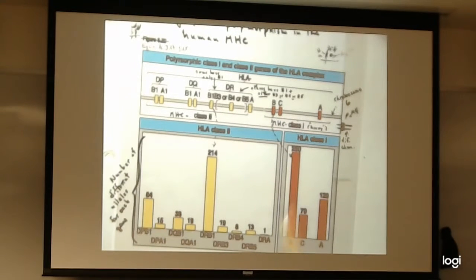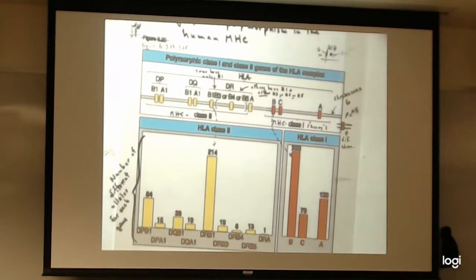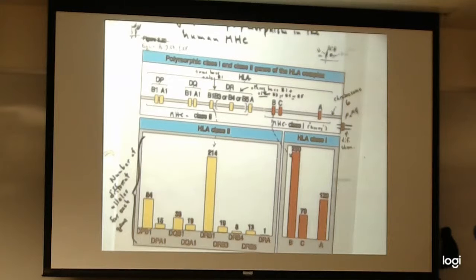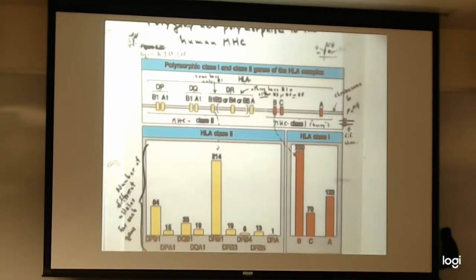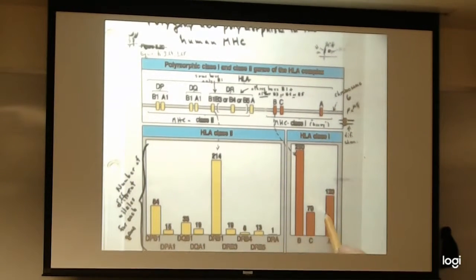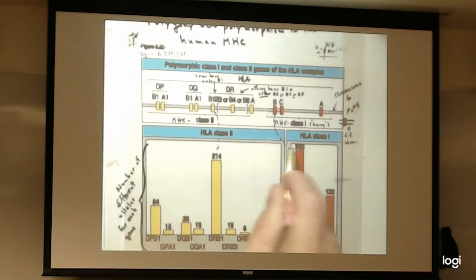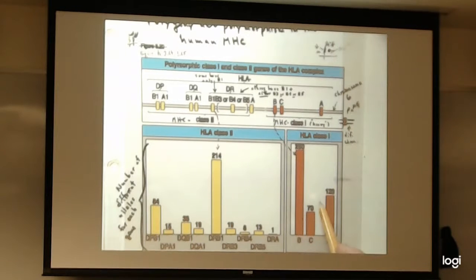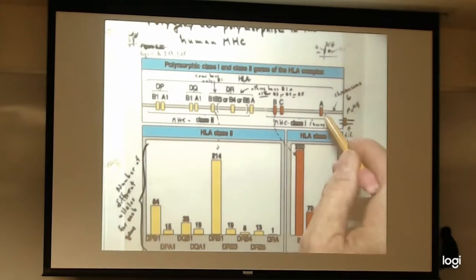I'm sure different regions and societies and geographical areas and different kinds of pathogens around the world have MHC class 1 molecules that have evolved to deal with whatever pathogens you find in your particular local area. So I'm sure we have not exhausted the total number of class 1 antigens, but we know of some 250 for the B gene, some 70 for the C gene, and 120 for the A gene.